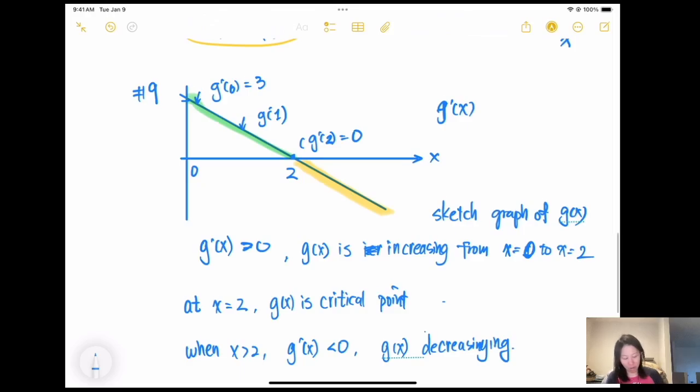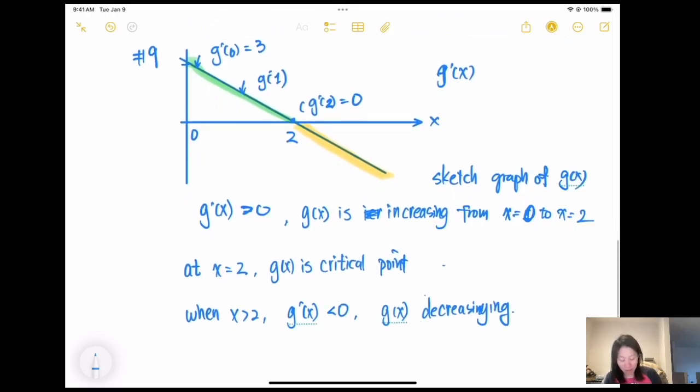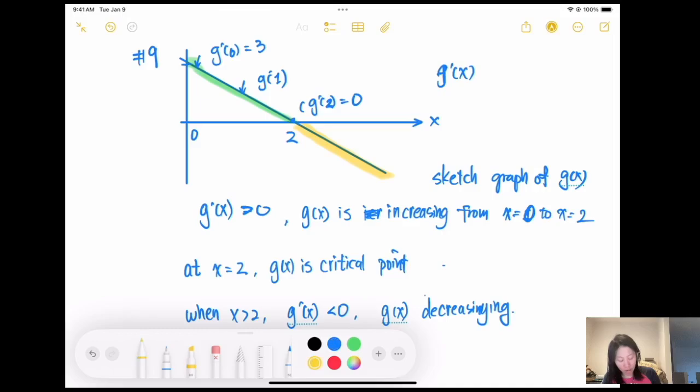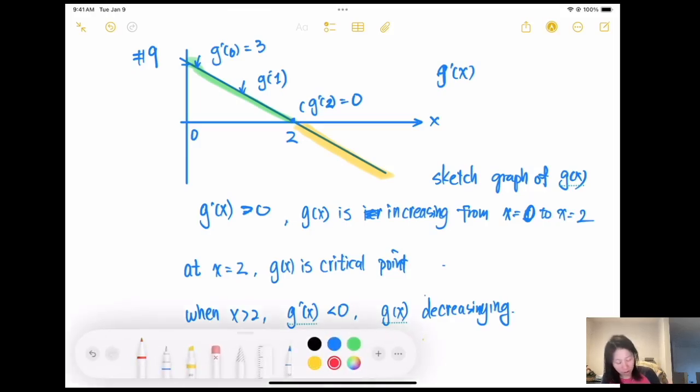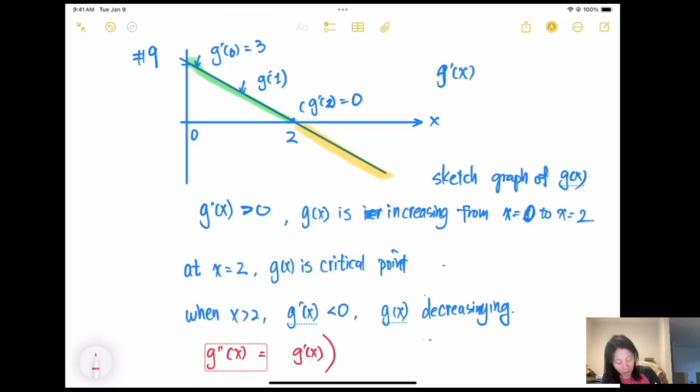Okay, now the second thing I want to analyze is the second derivative. We know that if we take a derivative of the first derivative, we will get the second derivative. To write this down, g double prime is equal to g prime, and then take a derivative. In this case, it is basically the slope of the graph of g prime.